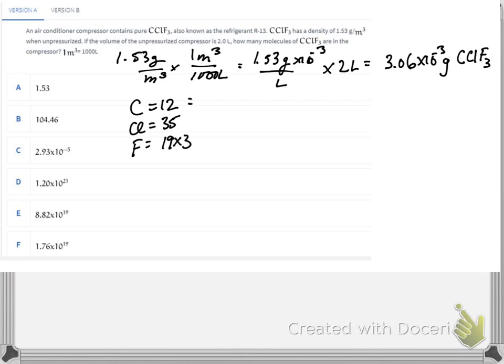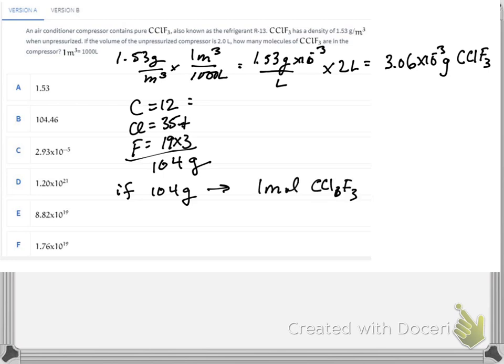Well, we take 12 grams per mole for carbon, 35 grams per mole for chlorine, 19 grams for fluorine, but we have 3 of them, so we multiply by 3, and you add those up, and we get 104 grams for CClF3. So this tells us that if we had 104 grams of CClF3, we'd have 1 mole, which would be 6.02 times 10 to the 23rd particles.